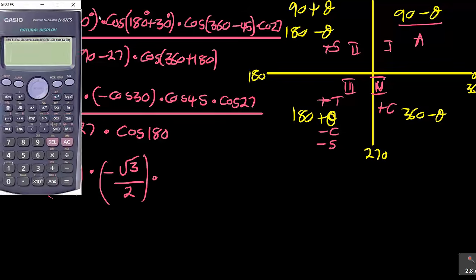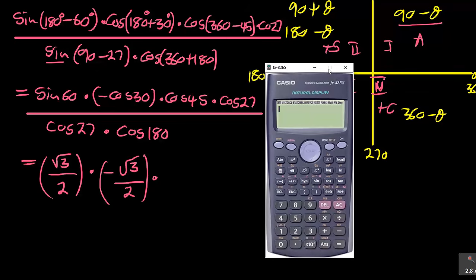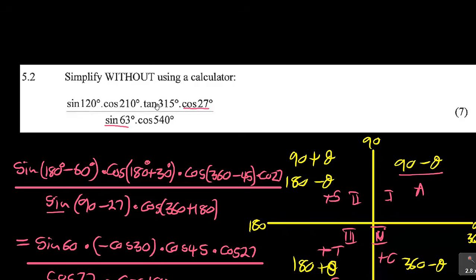Now let us look at this 45. Let me just check something from the beginning. It was tan, not cos, so I don't know why I ended up having cos there. This is supposed to be tan 45. I just changed that question, so it's supposed to be tan 45.